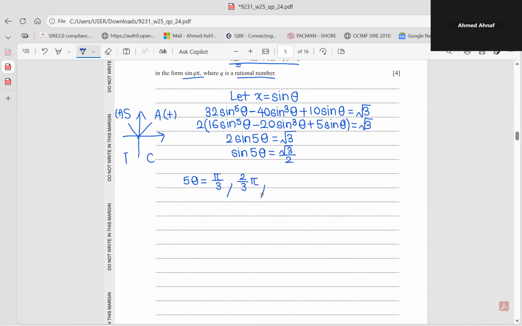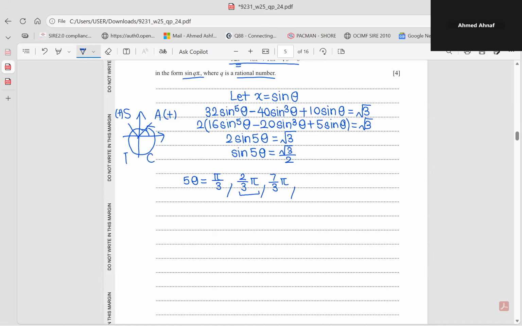Okay, and the next one, we're just going to add 2 pi to pi over 3. Adding 2 pi to pi over 3 for the first quadrant, you'll get 7 over 3 pi. And now we'll add 2 pi to the angle in the second quadrant.